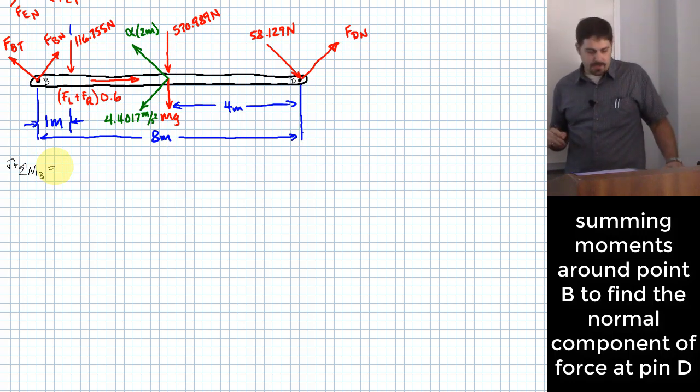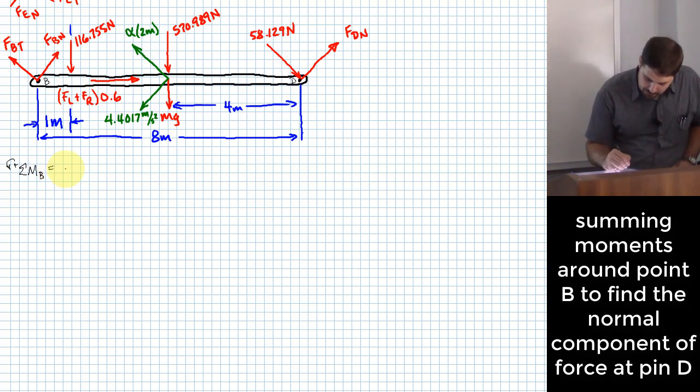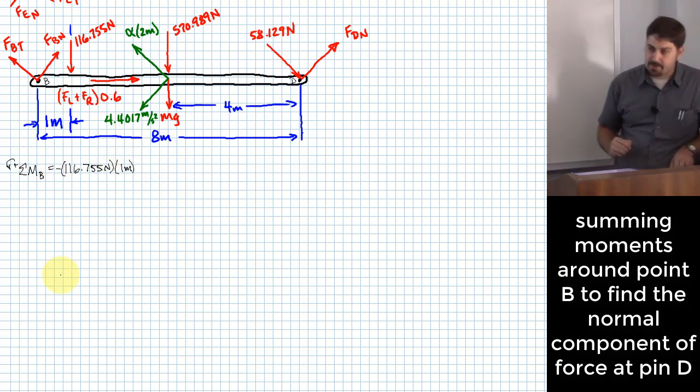So let's do those. Counterclockwise being positive, it tells me that I first have this FL of 116.0 0.755 newtons times 1 meter. Negative, right? Clockwise.